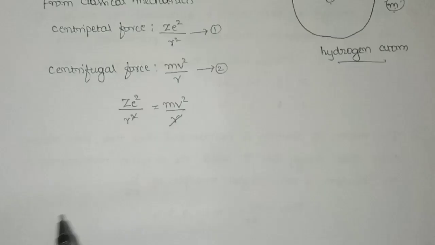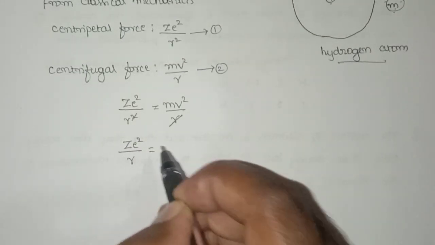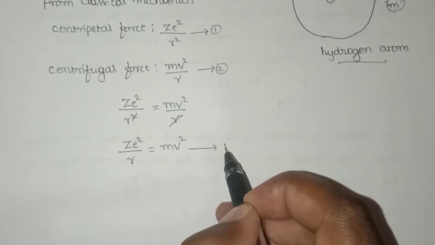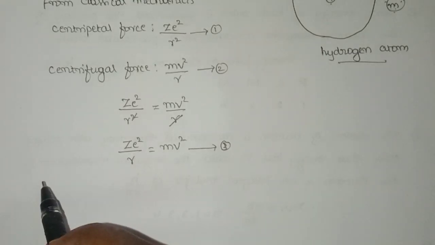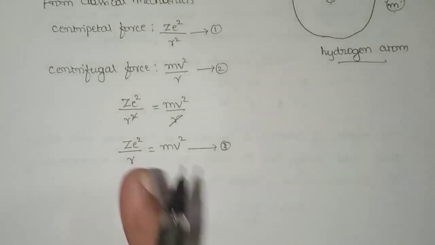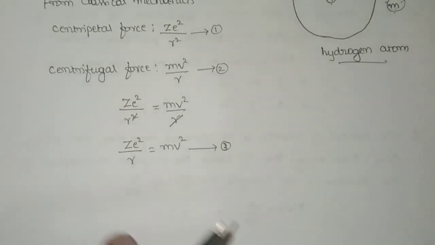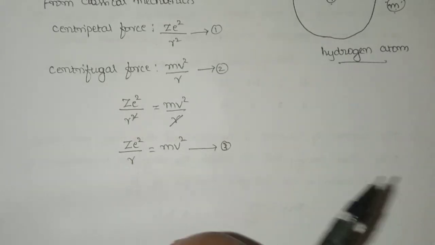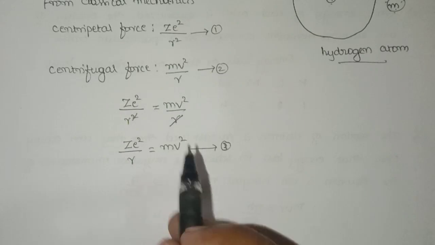r and r square will get cancelled, so Ze square by r equals mv square. Let me consider this as equation number 3. From the postulate of Bohr's model of atom, especially postulate number 3 that we discussed in the previous minute, each and every electron will possess a definite angular momentum, and the angular momentum of each electron is quantized.